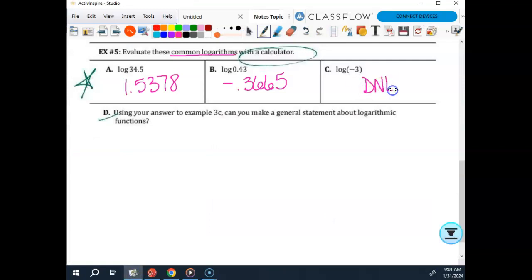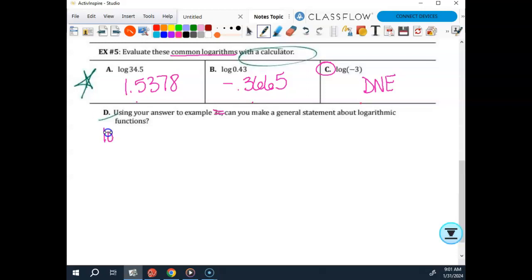Okay? And let's talk about why. So it says on D, using your answer to example 3C, which it's not example 3C, it's C from right here. We can see that we can take the log and we can get a positive answer, we can get a negative answer, but look what happened when we took the log of a negative number. It didn't work out. So is that true for all negative numbers? Let's see what happens here.